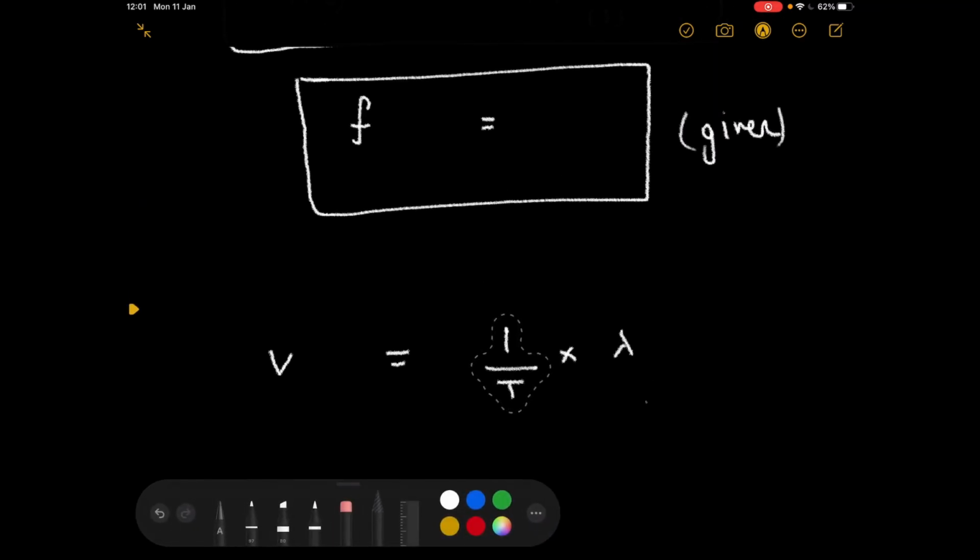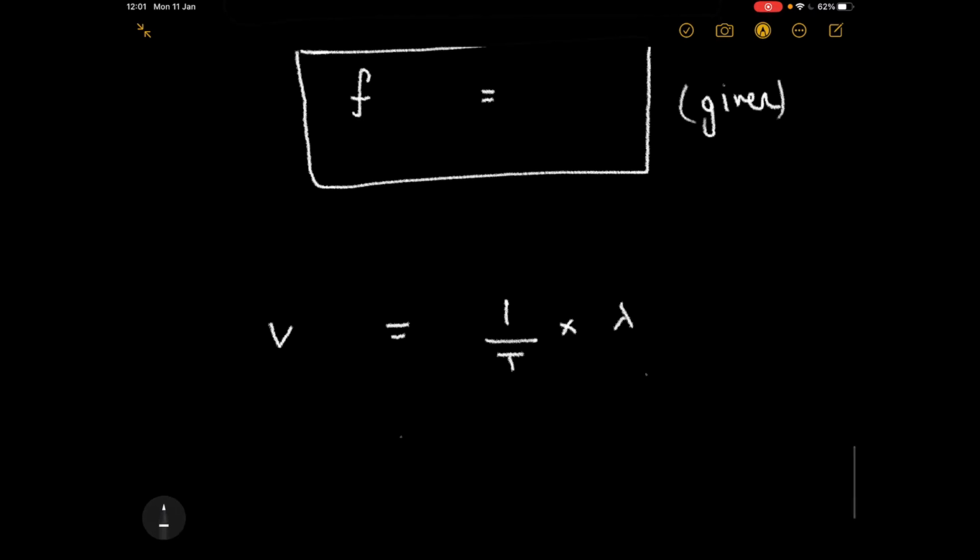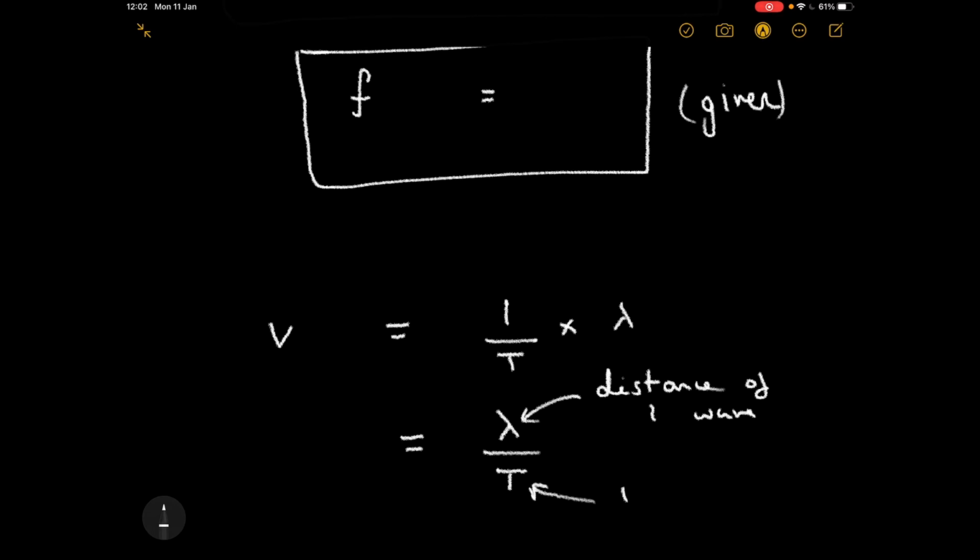And that ends up looking like, if you just make it a bit neater, wavelength over the time period, or the distance of one wave divided by the time for one wave to pass. Or, to be more precise, you get distance divided by time, which is speed.